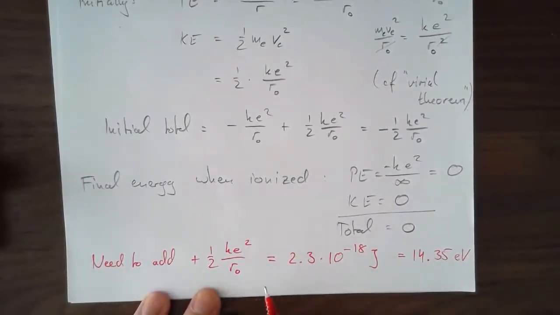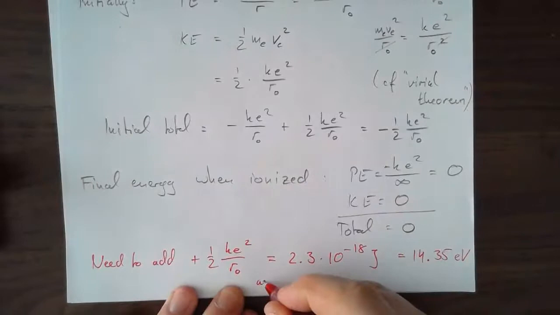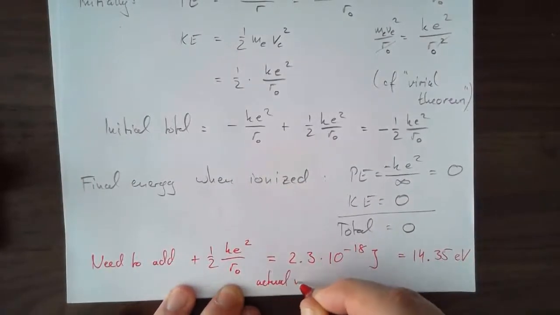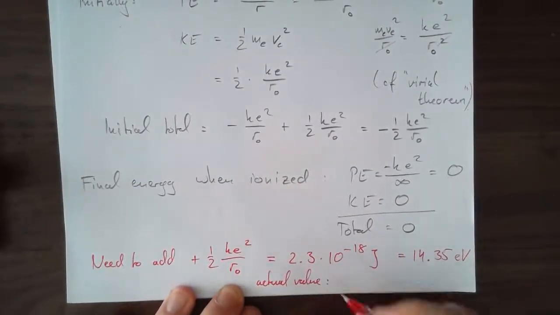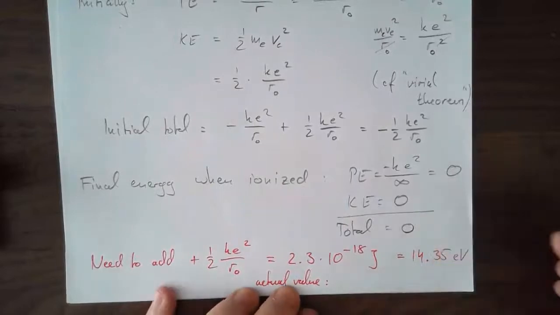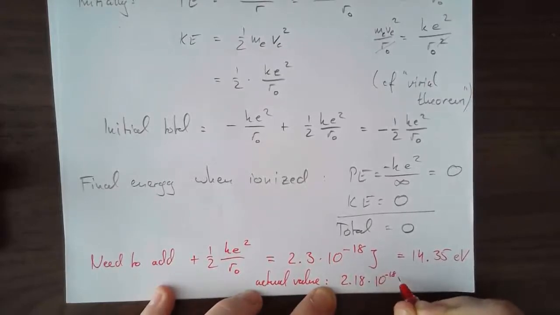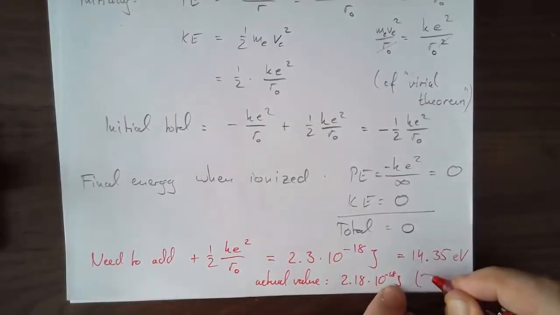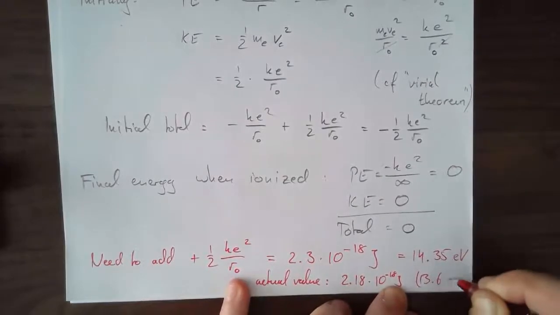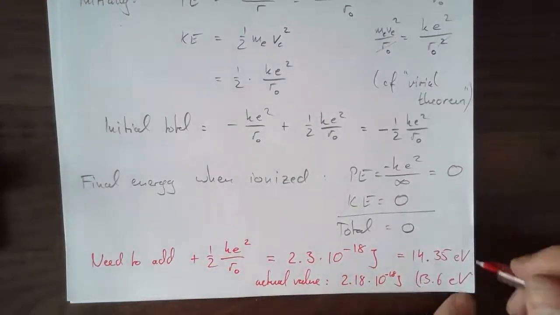Now, is that true? Is it accurate? Well, if I do the calculation quantum mechanically, or I measure it in the lab, the actual value, calculated carefully with all the quantum mechanics that you don't yet know, is 2.18 times 10 to the minus 18 joules, or very famously 13.6 electron volts.